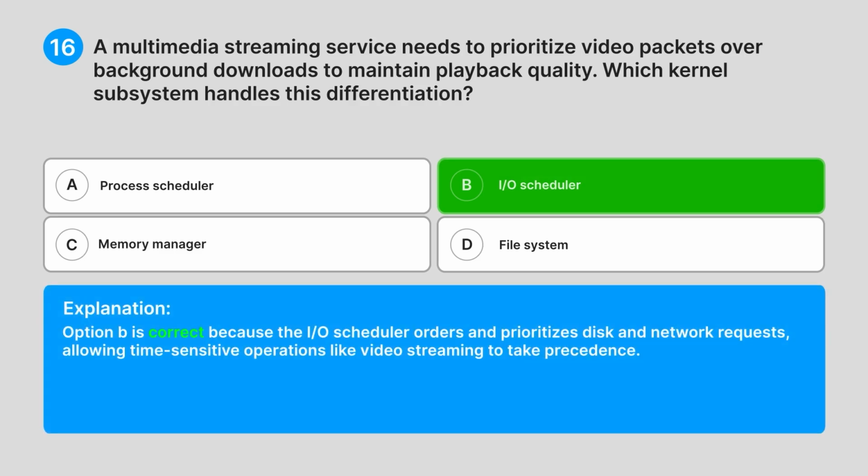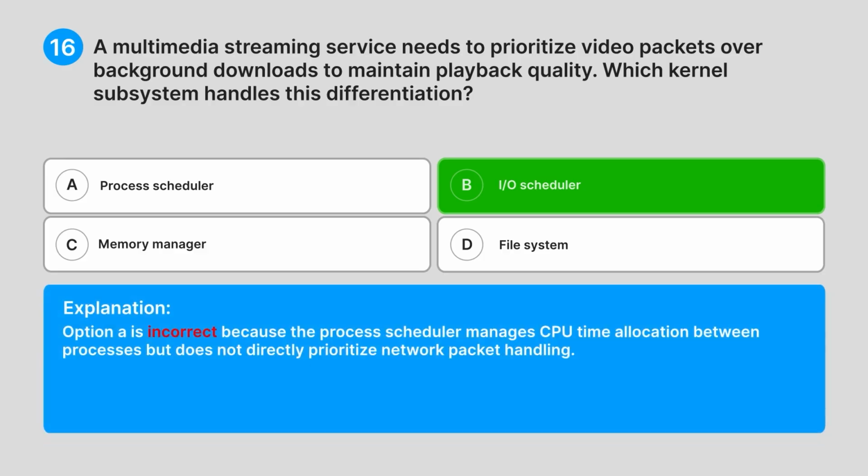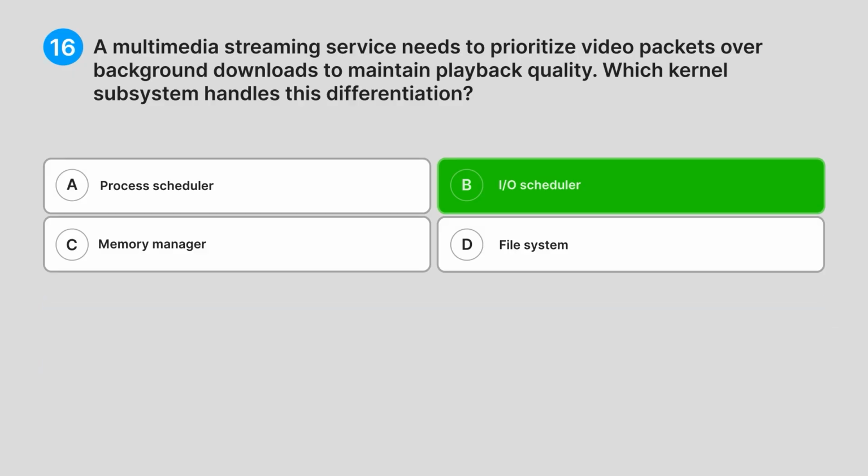Explanation. Option B is correct because the I/O scheduler orders and prioritizes disk and network requests, allowing time-sensitive operations like video streaming to take precedence. Option A is incorrect because the process scheduler manages CPU time allocation between processes but does not directly prioritize network packet handling.